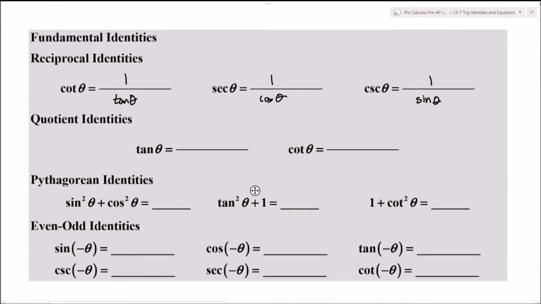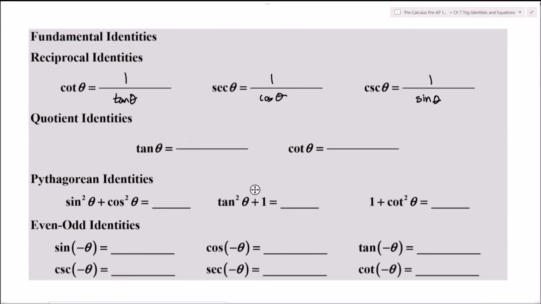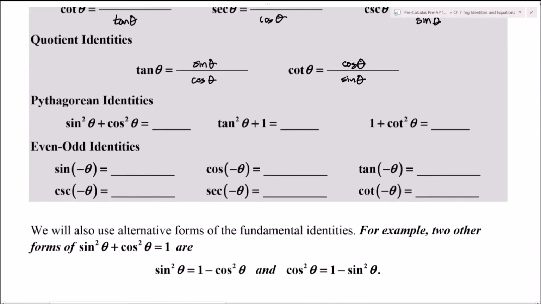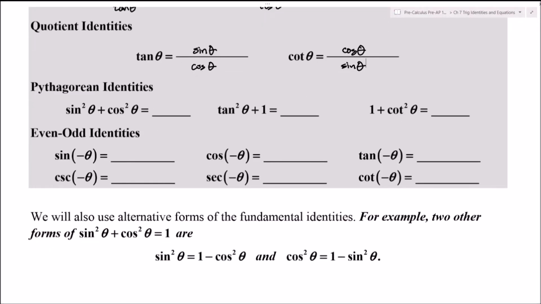Okay. Quotient identities. Tangent is, if you remember, sine divided by cosine. Cotangent is the reciprocal of tangent, so it's cosine over sine. Pythagorean identities. I'm trying to go through these quickly because we've already seen these before.